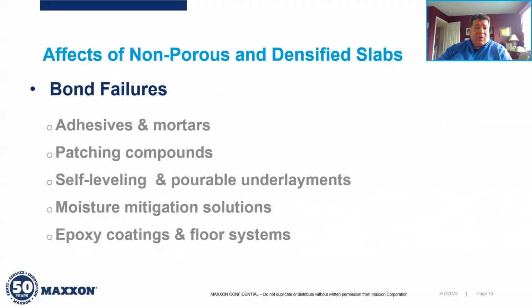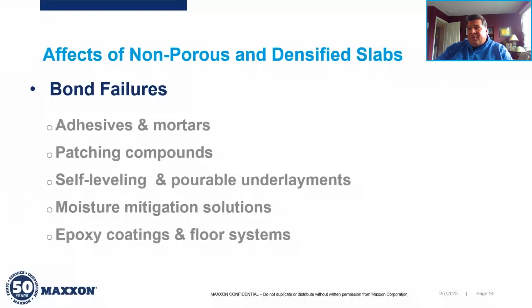So again, the effects that we're dealing with when we talk about lack of porosity or a densified slab heavily deal with bond failures, and bond failures between the adhesives and mortars, and the floor covering.